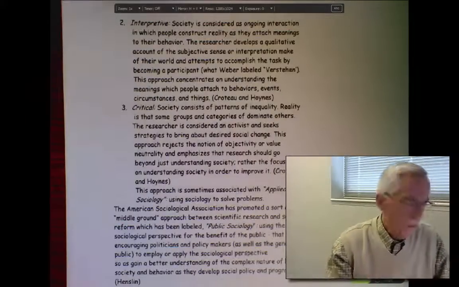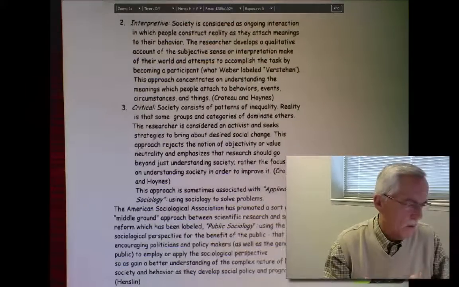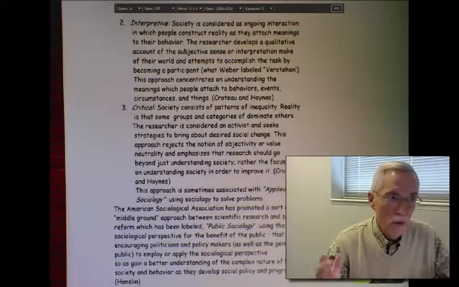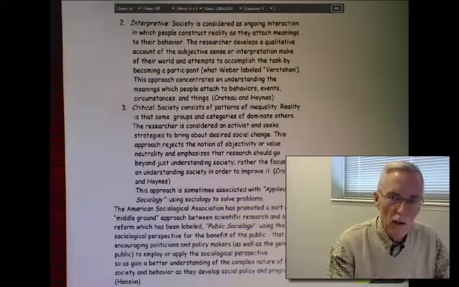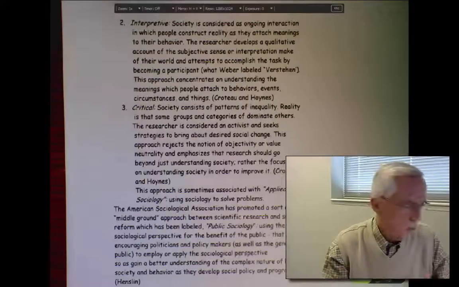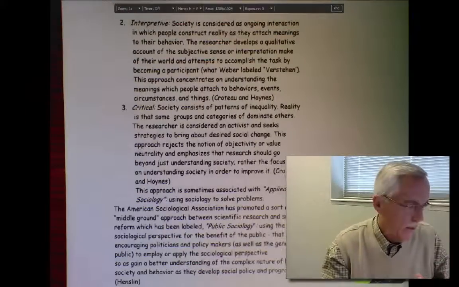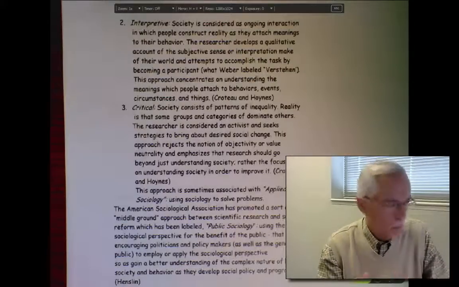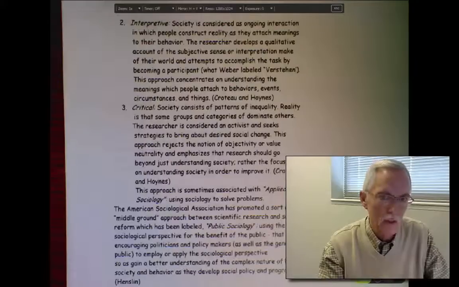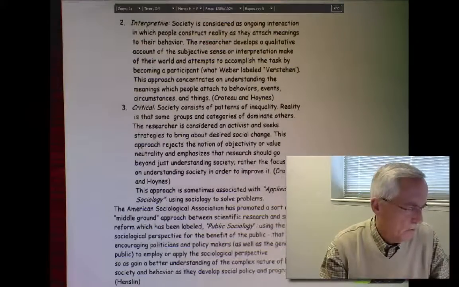The critical approach, on the other hand, argues that society isn't an orderly system. Rather, the hallmark of human societies is inequality, some people having more valued resources than others. And the reality is that some categories of people have more valued resources than others, and therefore can dominate others.